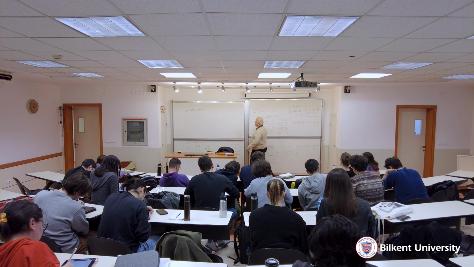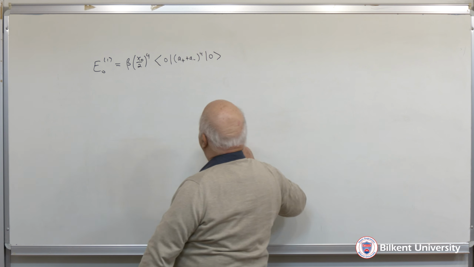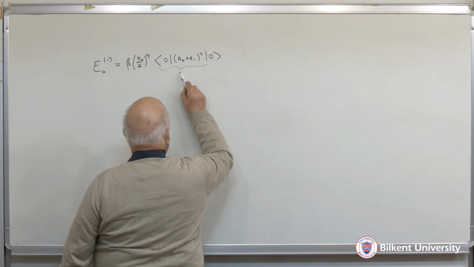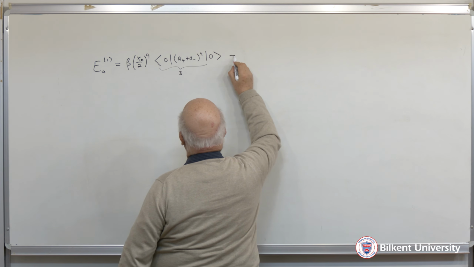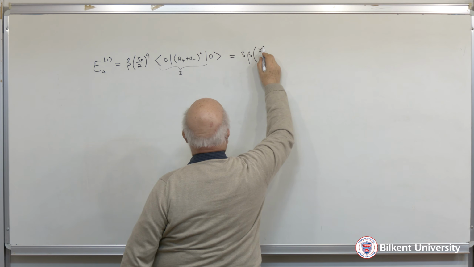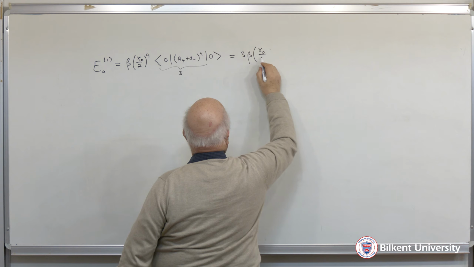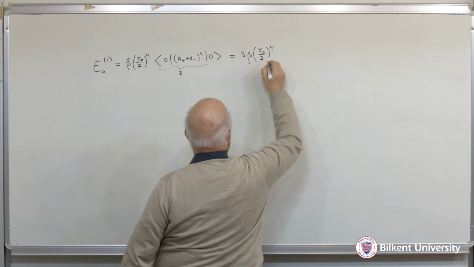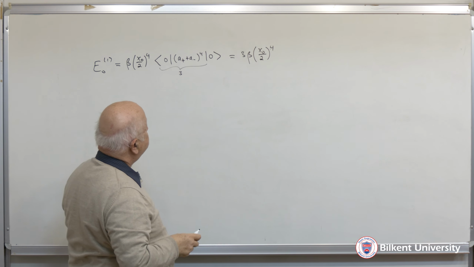Okay, so this whole thing is 3, and I end up with 3 beta x0 over 2 to the 4th power.